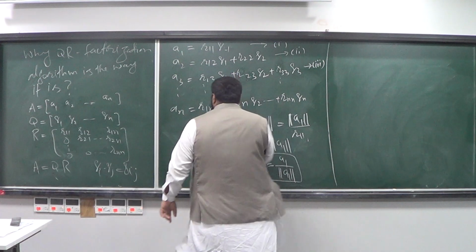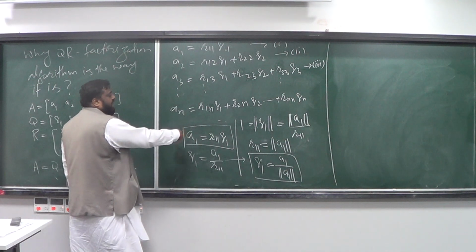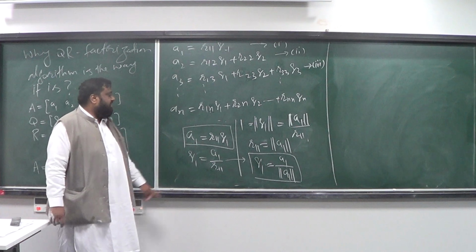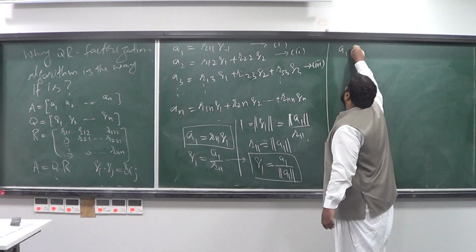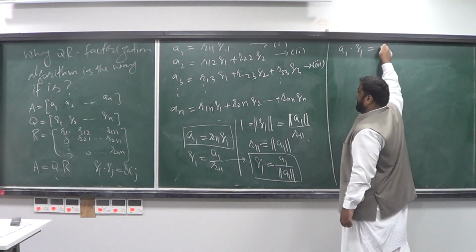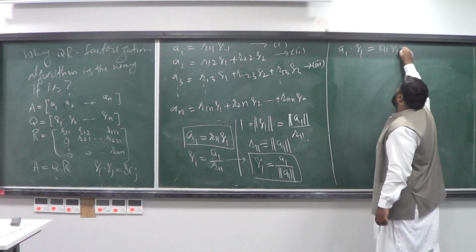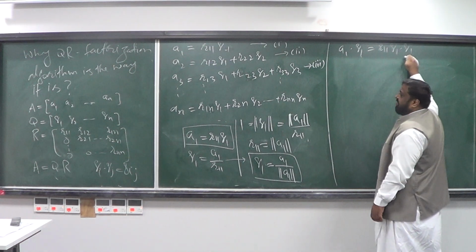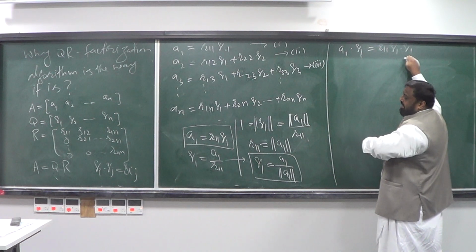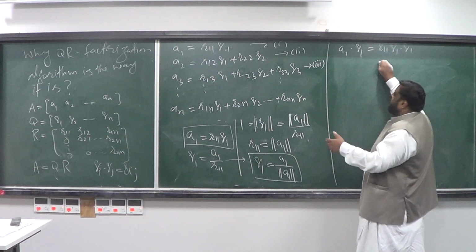If you take this vector and multiply both sides by vector Q1, A1 dot Q1 is going to be R11 times Q1 dot Q1. And Q1 dot Q1 is 1, because the magnitude of Q1 is equal to 1, as Q1 is an orthonormal vector.